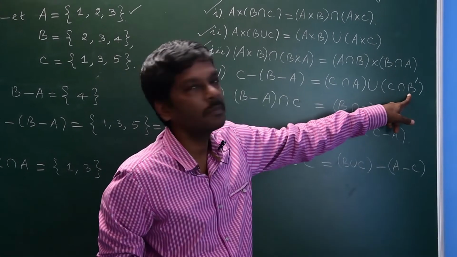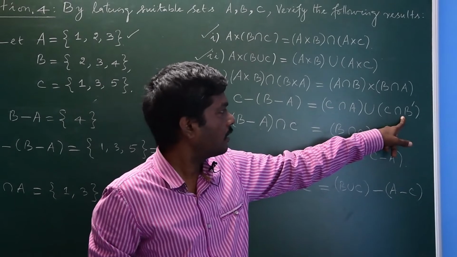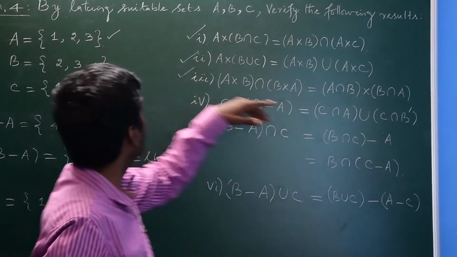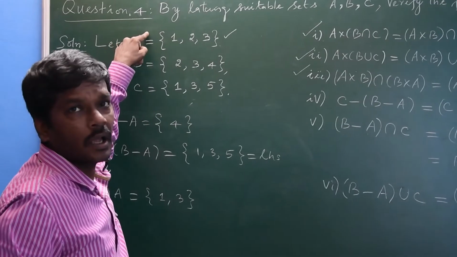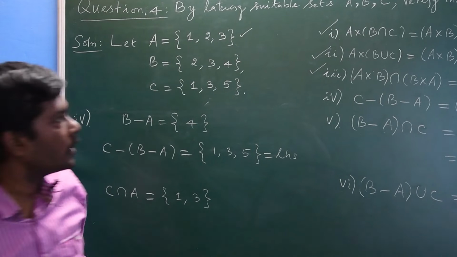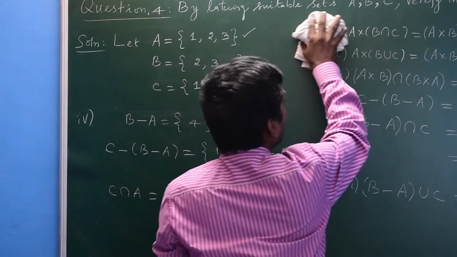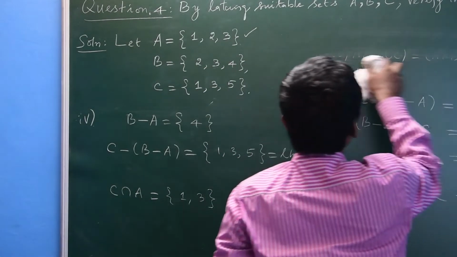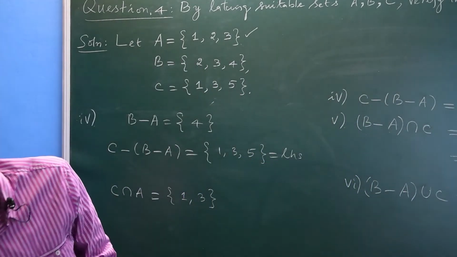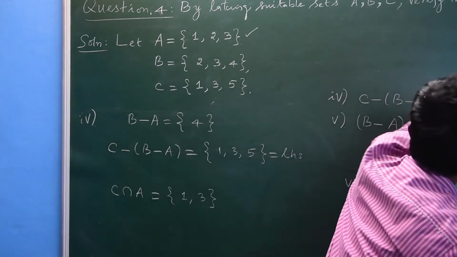See, we have a complement here. B complement is there. So when B complement is there, we should have a universal set. So now we introduce the universal set. When we have a complement in the problem, you should have a universal set.